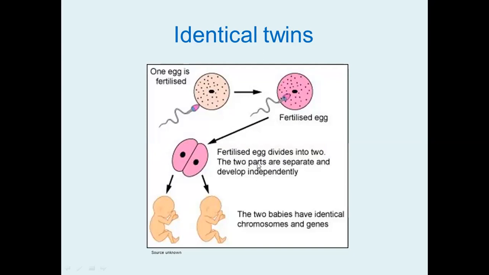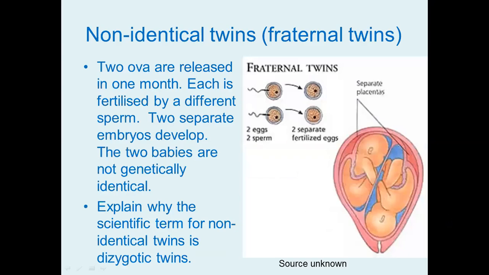It splits into 2 separate balls that develop independently. Remember though, they have identical chromosomes, so their genes are exactly the same as each other.